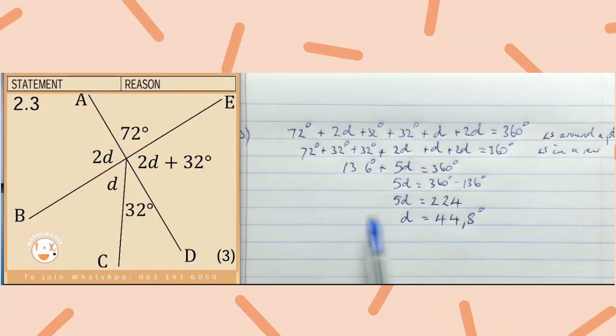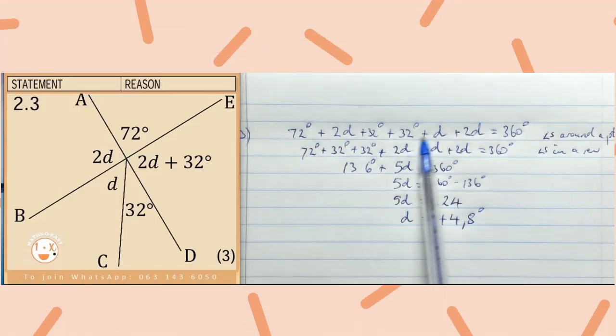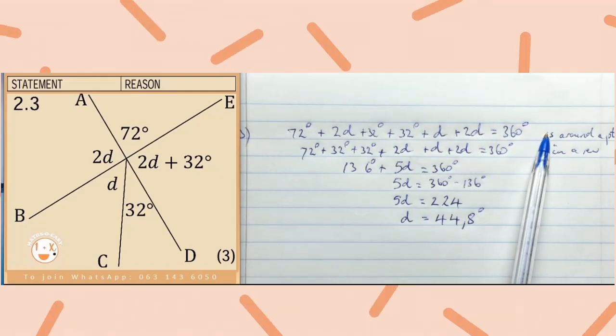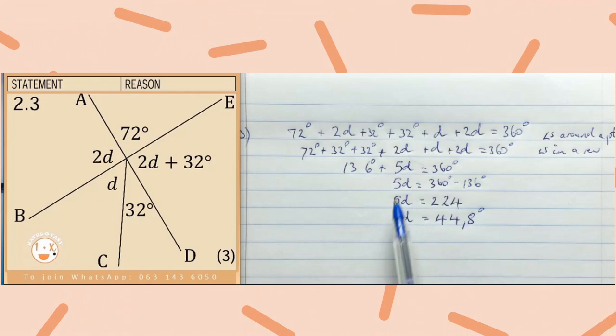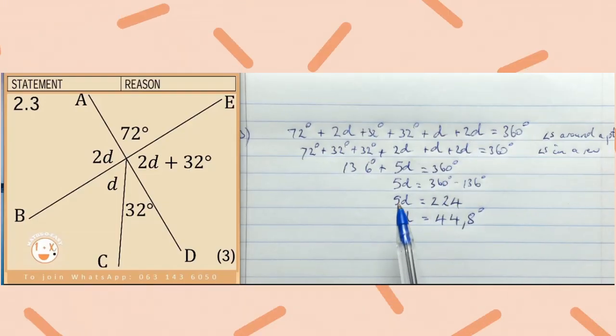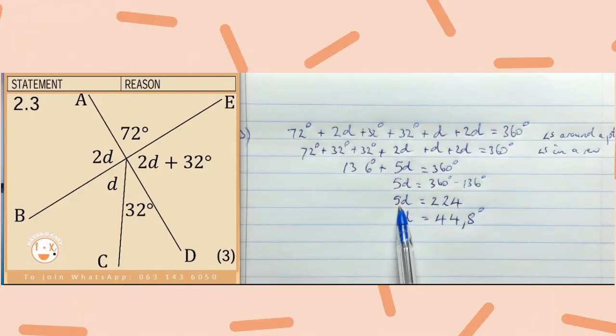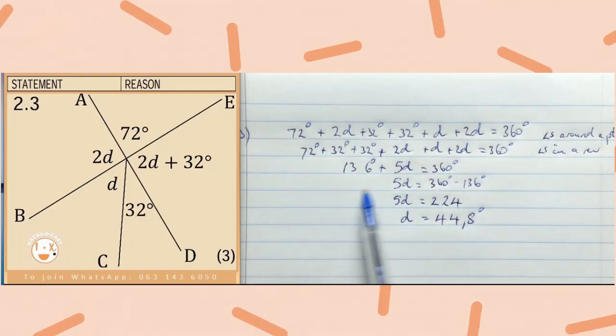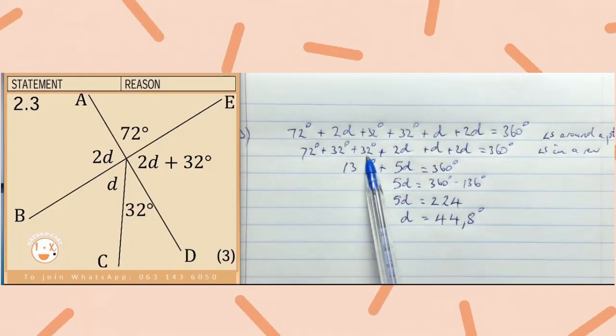All right, so write this statement, reason. After this statement, those terms give you a 5D. Then you write that 5D in your calculator, 360 minus those numbers.